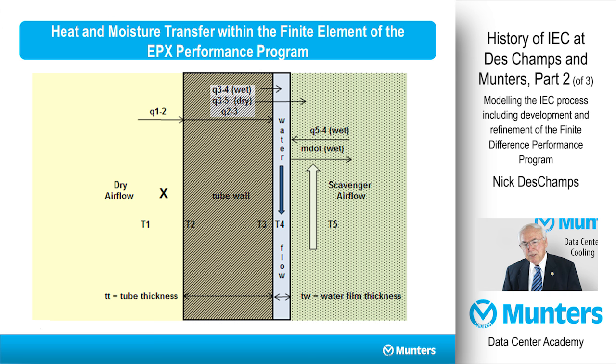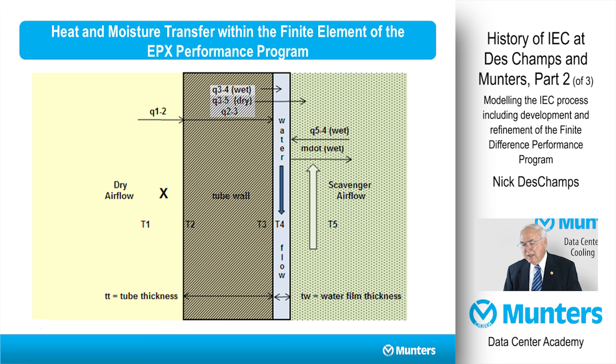And that water runs down the outside of the tubes and is evaporated into the scavenger airstream. So you have heat transfer from the hot air or dry air going into the tube, and then if there's water on the tube, you have that heat transfer into the water. If there's no water on the tube, then it goes right into the scavenger airstream.